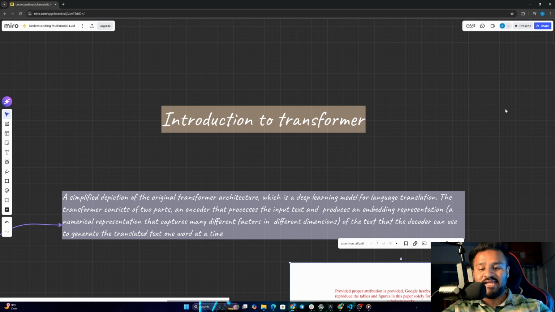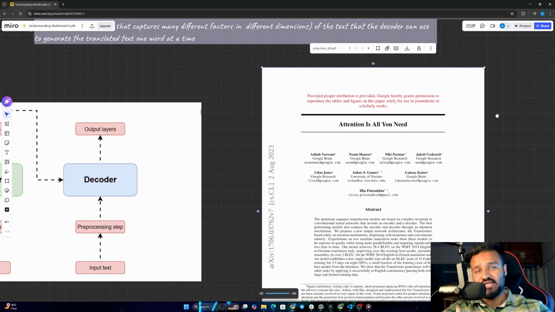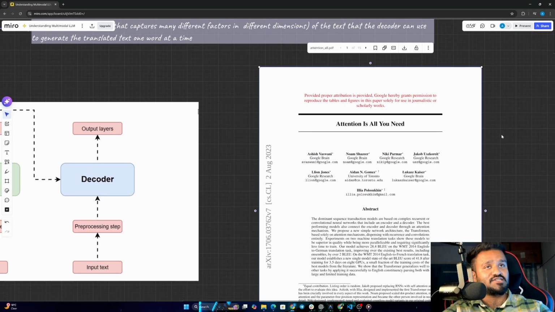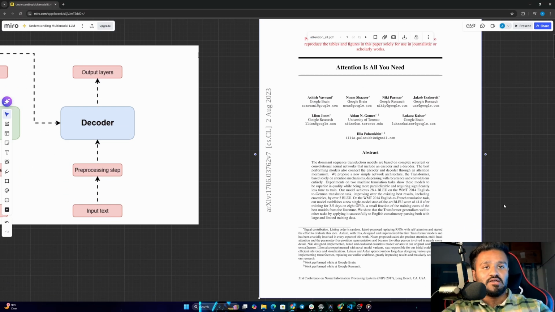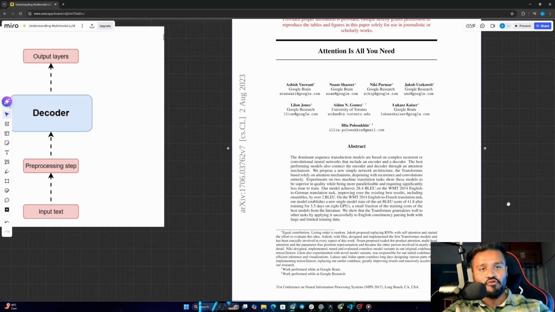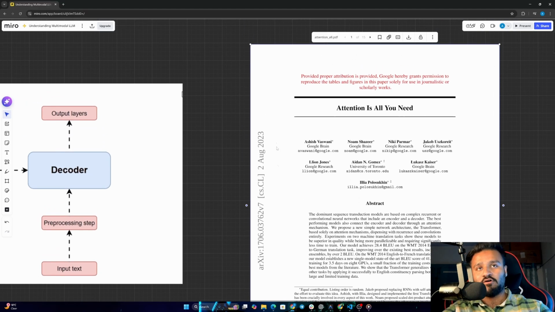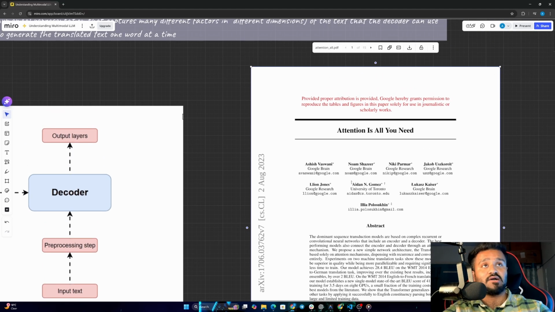In 2017, a paper was published called "Attention is All You Need." Well, this is the paper. It was published in 2017, and the authors were from Google Brain. These are the authors, and let me show you the proper transformer architecture.